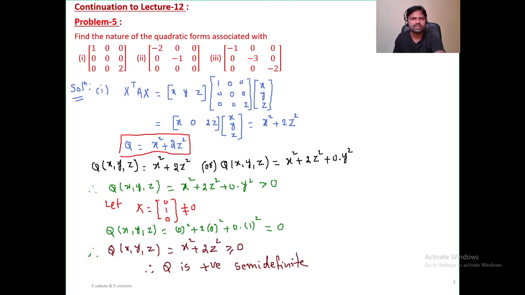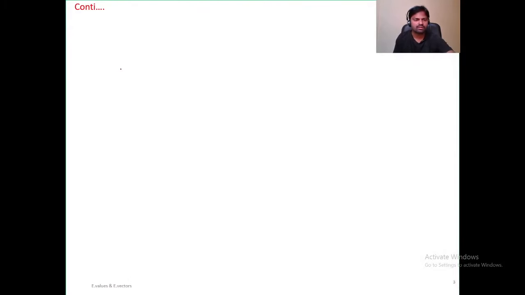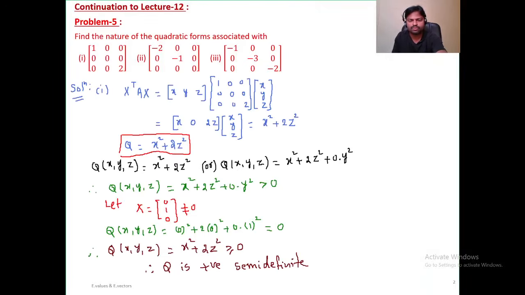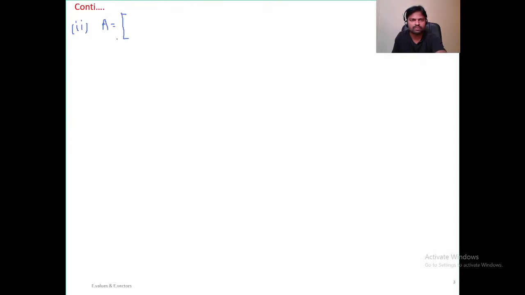Similarly, the second one, number 2. Let's call the matrix A. So the matrix is minus 2, 0, 0, and 0, minus 1, 0, and 0, 0, 0.